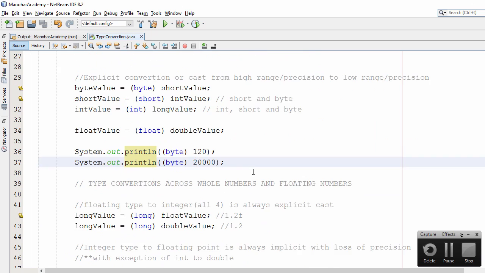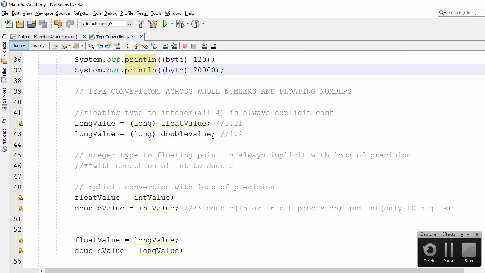Okay, so then we are moving across types, like we are changing from whole number to floating point and floating point to whole number. Here the things are very easy. Whenever you are converting something from floating type to integer, this is always an explicit cast. Why is it so? For example, consider a simple double value of 1.2.